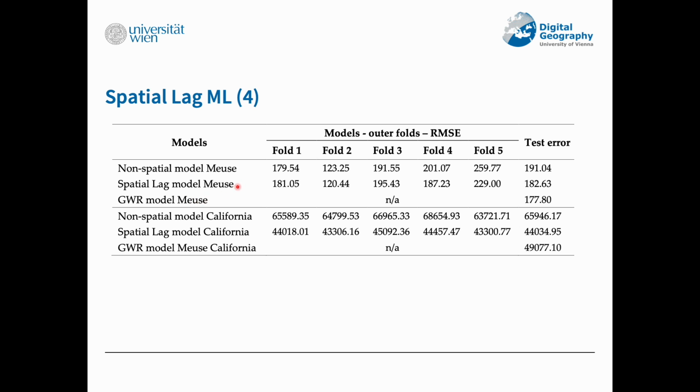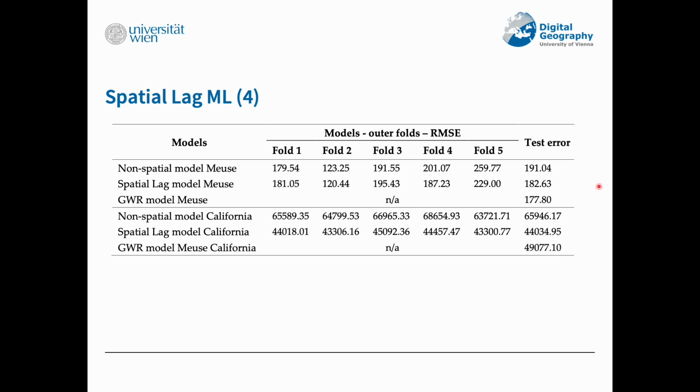The non-spatial machine learning model, which is the pure random forest model, the spatial lag model, which is a random forest model that includes the spatial lag variable, and a benchmark spatial statistical model. In this case, geographically weighted regression was used, or in short, GWR. These 3 models are compared for both the Meuse as well as the California datasets.